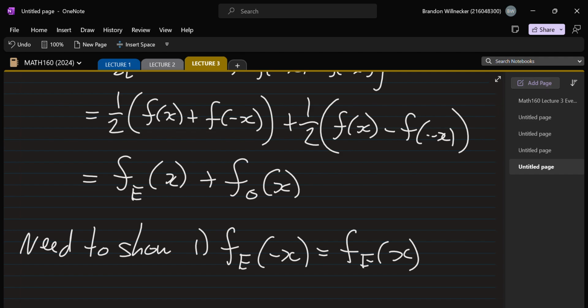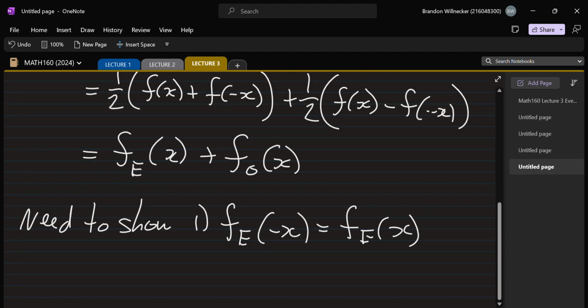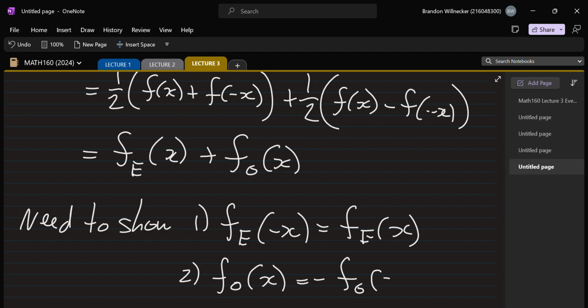It's even: if we put minus x, we get back the function. And secondly, the thing I called odd, we need to show that it is actually odd. If I can show these two, then it means that any function is the sum of something even and something odd.